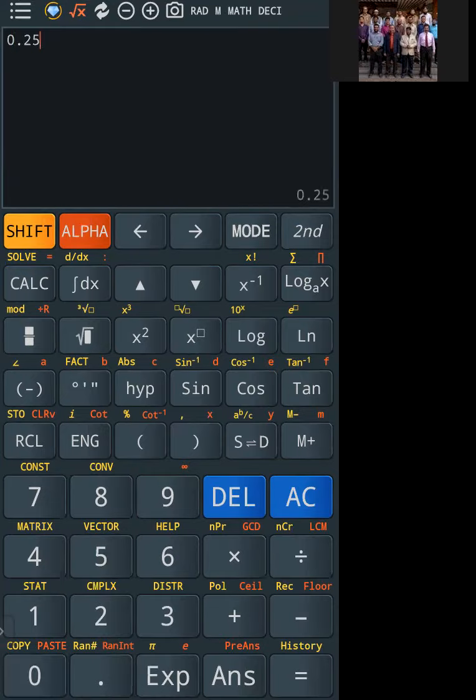Initially 0.25, we get 0.3089. Let us solve it again for x as 0.5. We get 0.6009. Let's solve it for what value of x? 0.75.